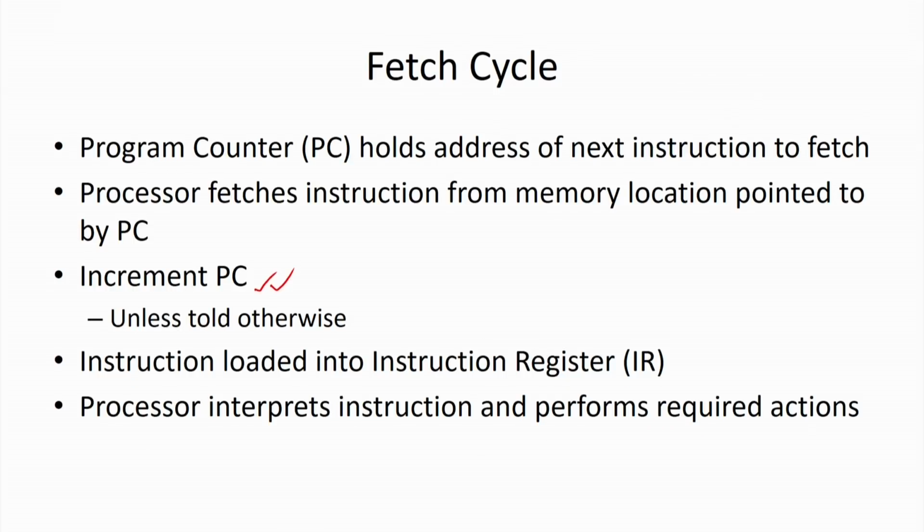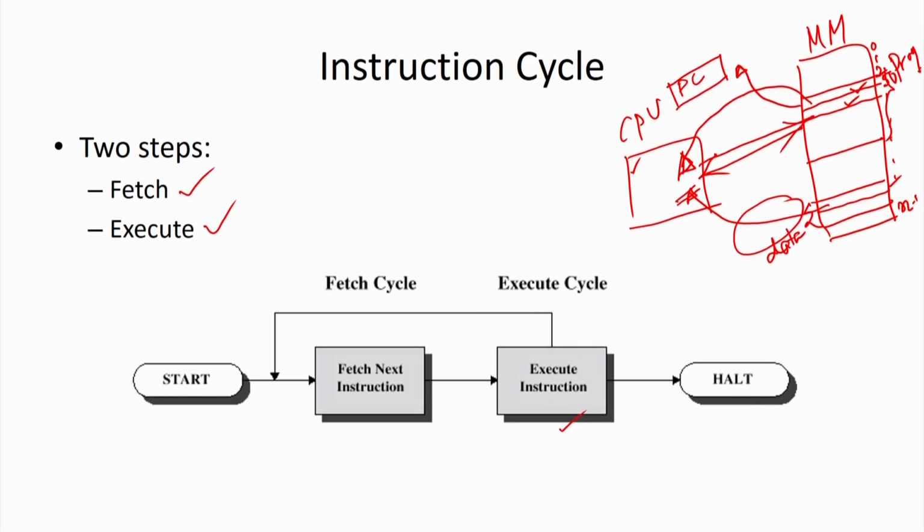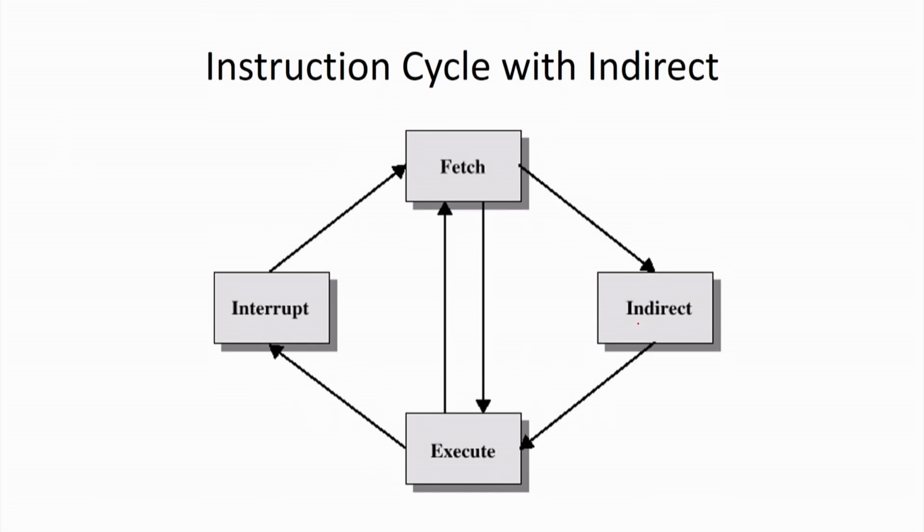After completion of this instruction, we go to fetch the next instruction, which will be available in the next memory location. So after fetching, we generally update the program counter by incrementing it.